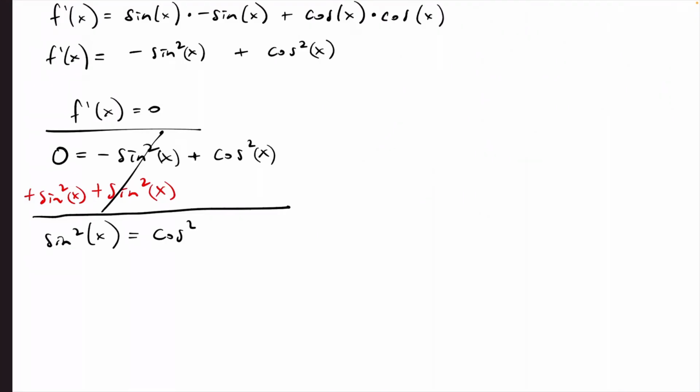So what we're going to do is figure out where within our interval that statement is true. Pi over 4. Does the square really matter? No. So really what you're asking is, where is this equal to this? Pi over 4.